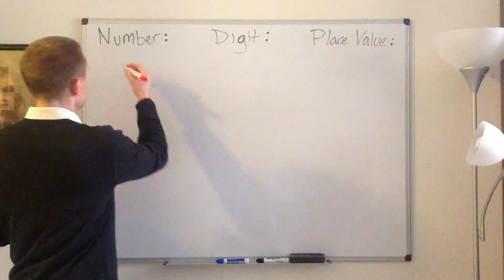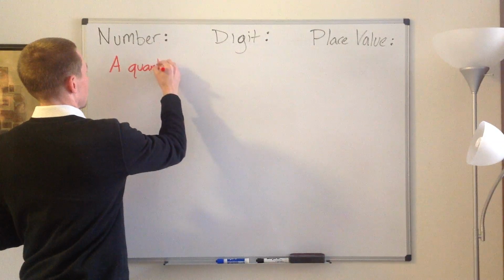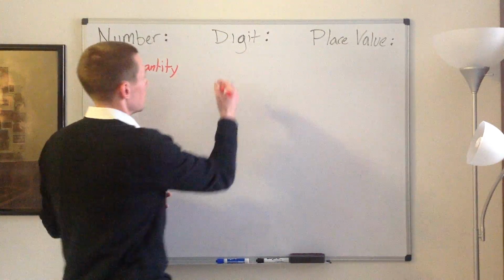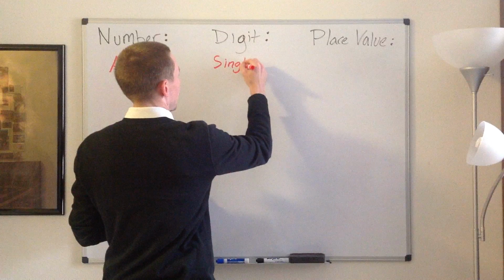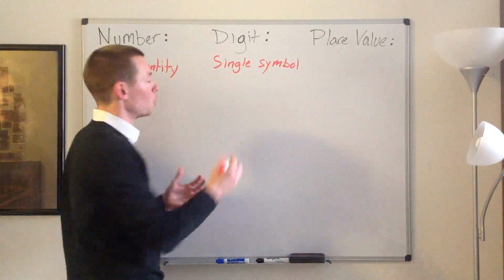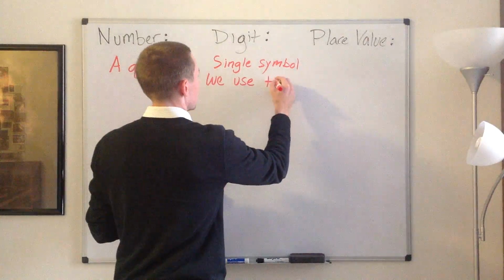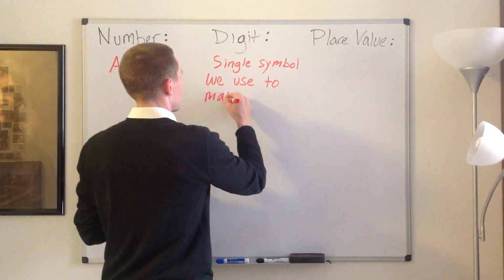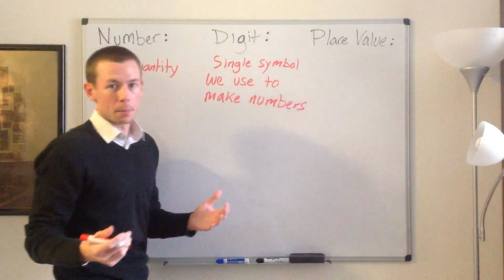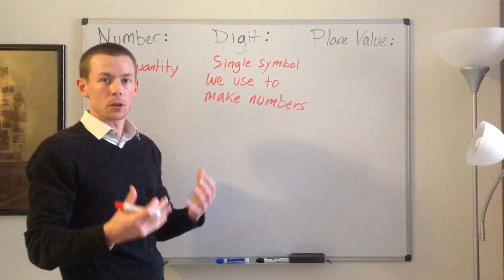So a number is just a quantity, but a digit is the single symbol we use to make numbers. Or in other words, digits are the symbols we use to make numbers, if you want to look at it plural.